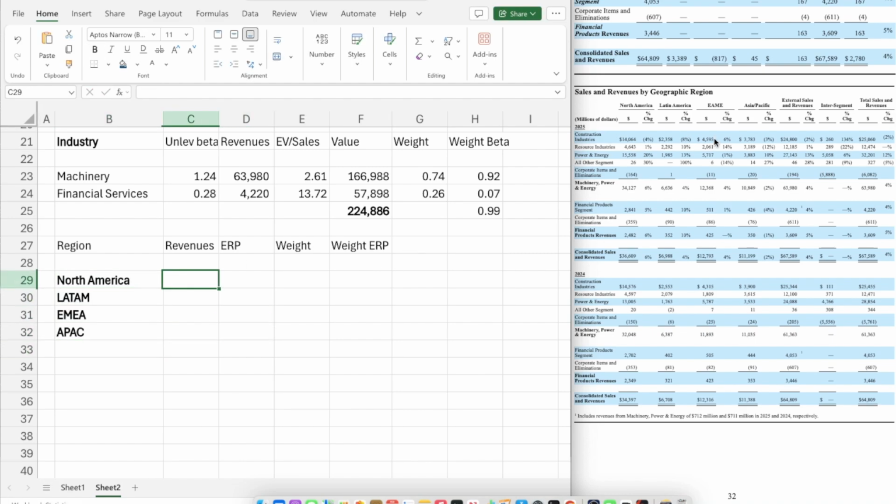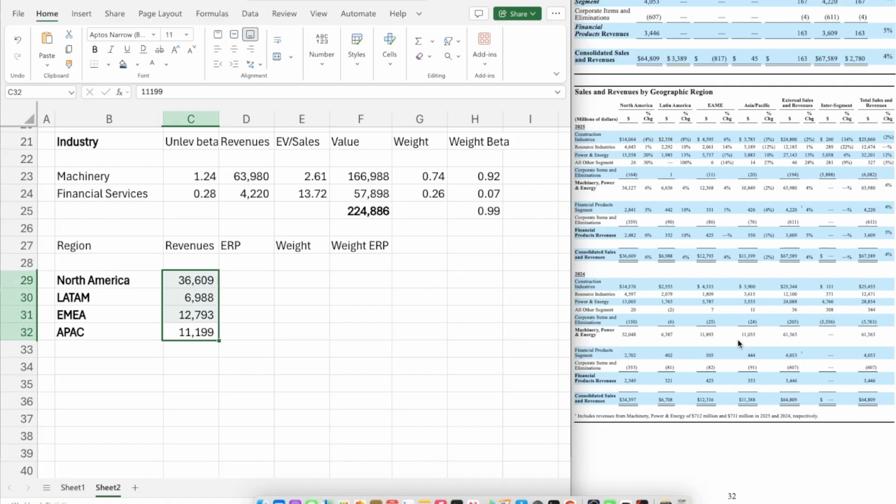We know the revenues are the ones down here: 3609, 6988 for LATAM, 12793 for Europe, Middle East, and Africa, and those are the revenues for APAC.